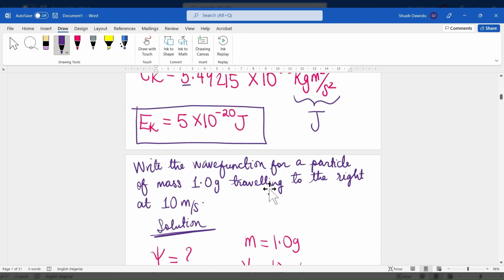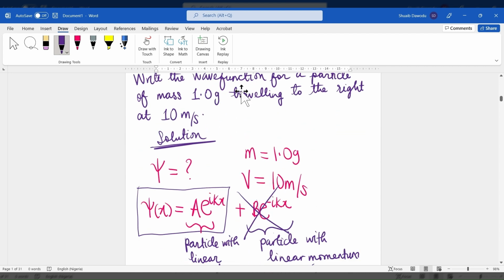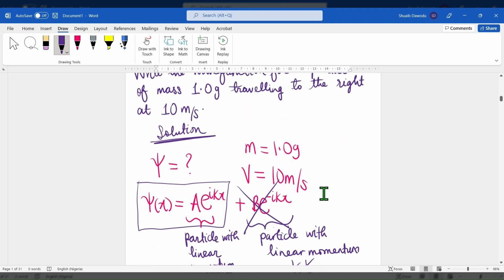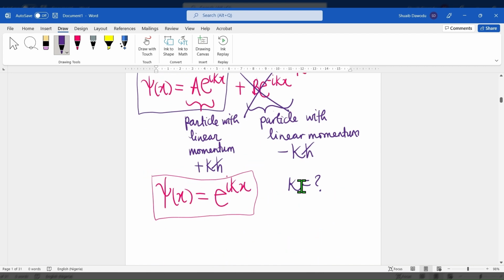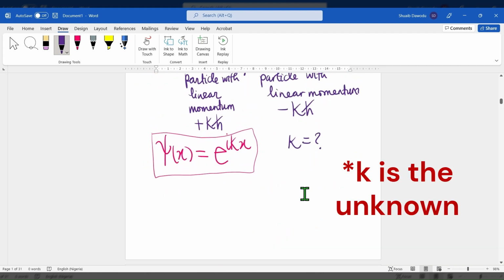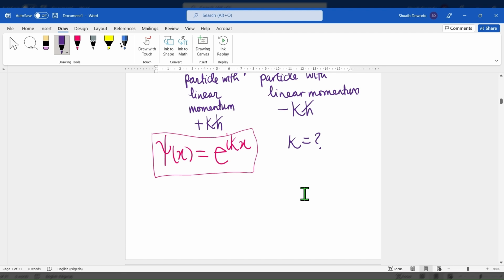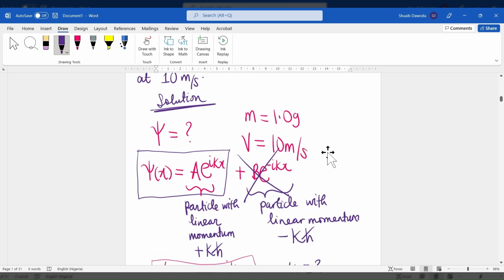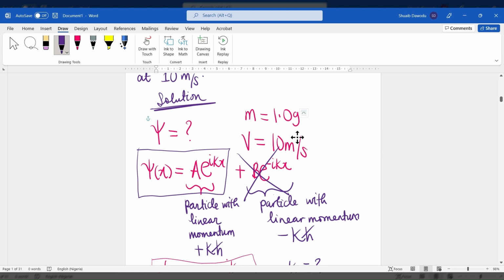So, write the wave function of a particle of mass 1.0 grams traveling to the right at 10 meters per second. We've been given the value for mass and the value for velocity, and we also have k. If you pay attention to detail, you would notice that they gave us the particle with linear momentum positive k h-bar, and they also gave us mass and velocity.